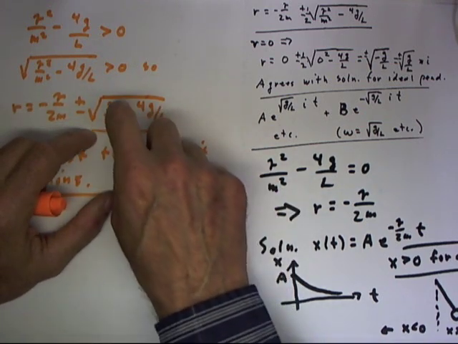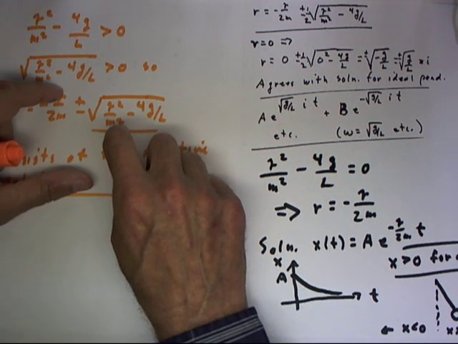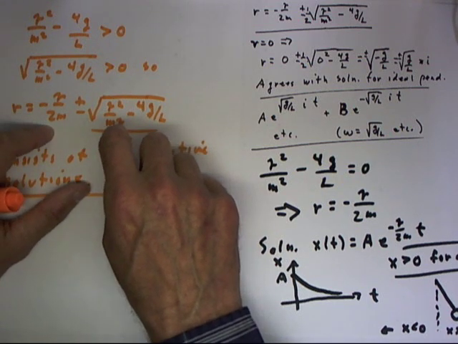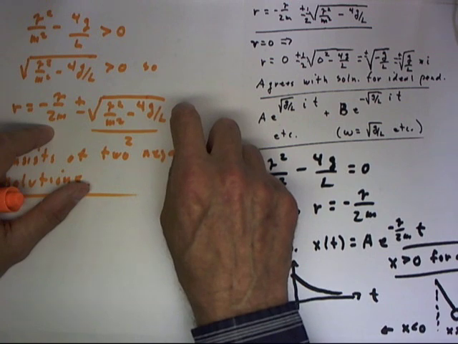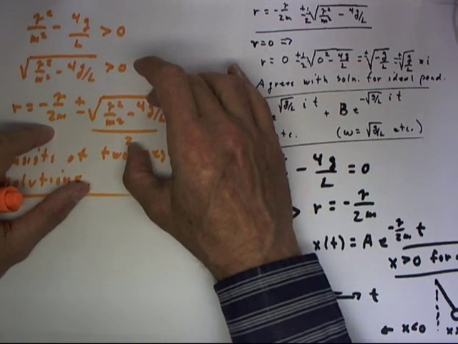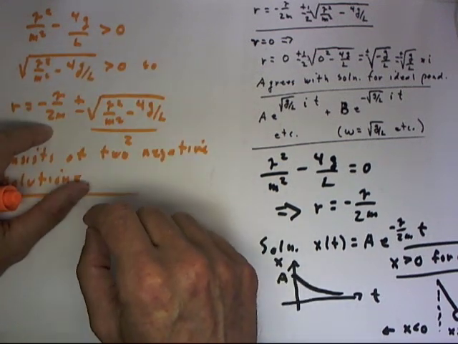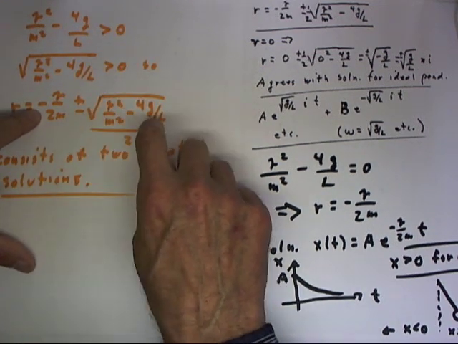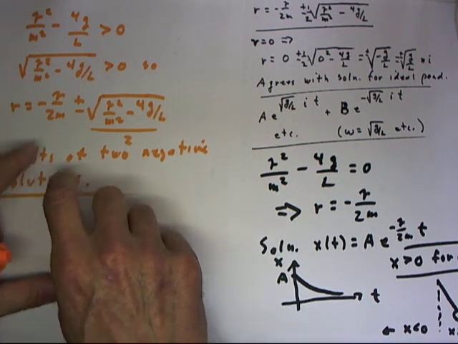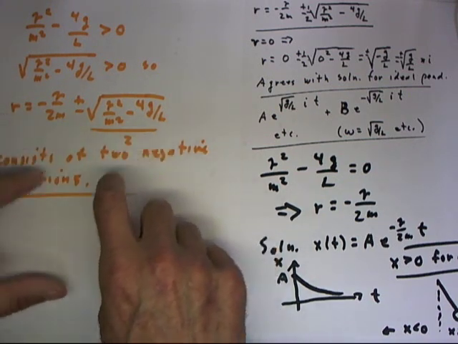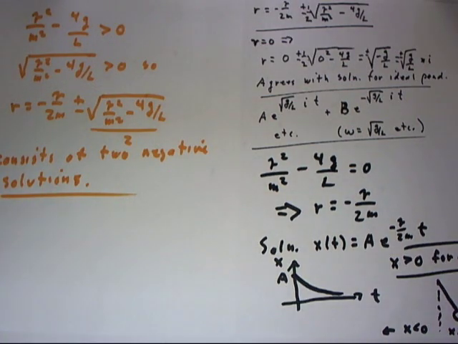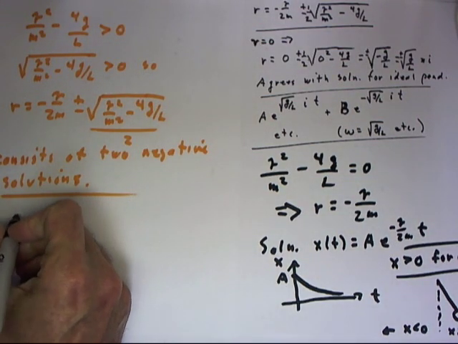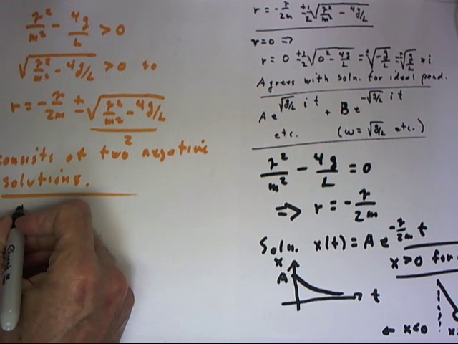If the square root is less than gamma over m, then your negative gamma over 2m plus that square root is still going to be negative, because this term is going to be less than this term. And of course, if we use the negative, r is certainly going to be a negative number. So we determine that r consists of 2 negative solutions, both of which are going to be decaying exponentials.